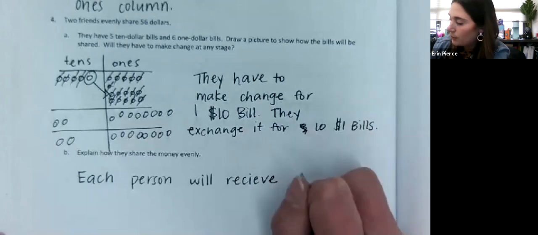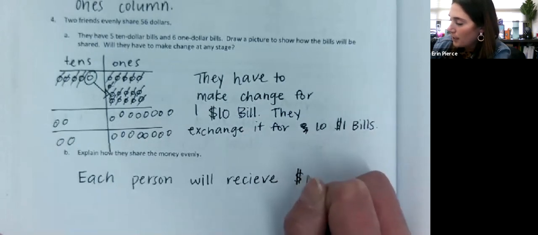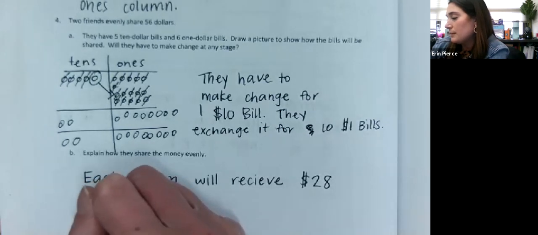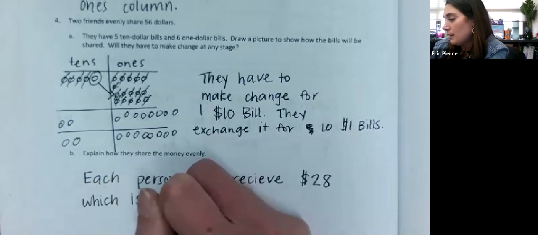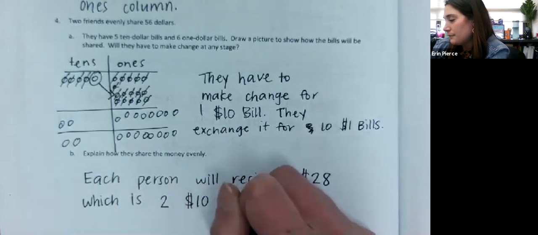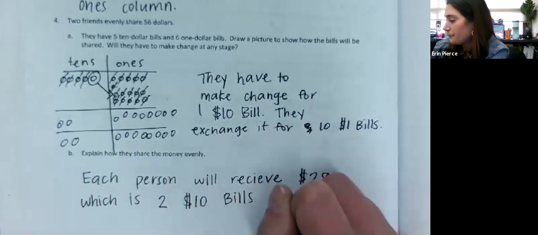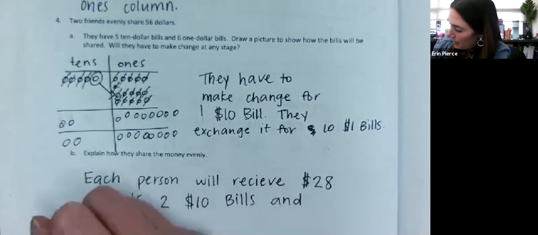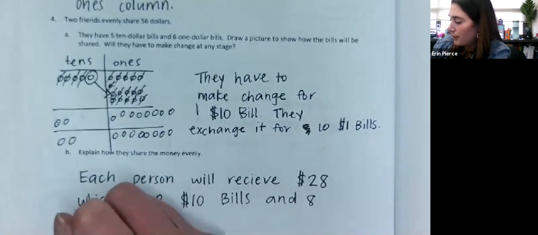So each friend will receive $28, which is 2 $10 bills and 8 $1 bills.